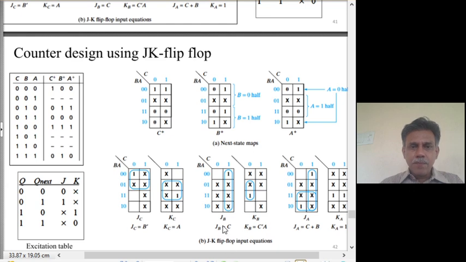So for JB, the B is equal to 1 half has to be don't care. So this is totally don't care, and for the B is equal to 0 half, these two match. So you have to simply copy this and put it here, 0 1 xx.